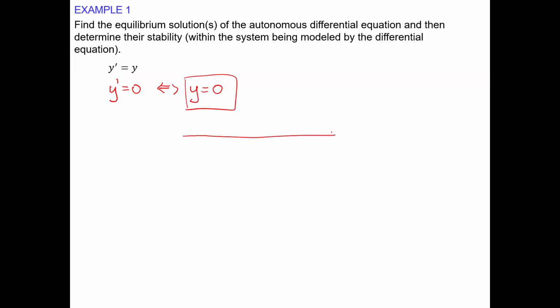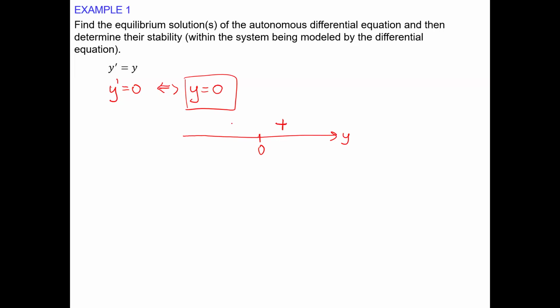Now, drawing a phase line means that I will draw a horizontal line, because we're just testing the sign. This is the equilibrium solution, and because the right-hand side is just y, to the right of 0, y is positive, so we will have a positive value.